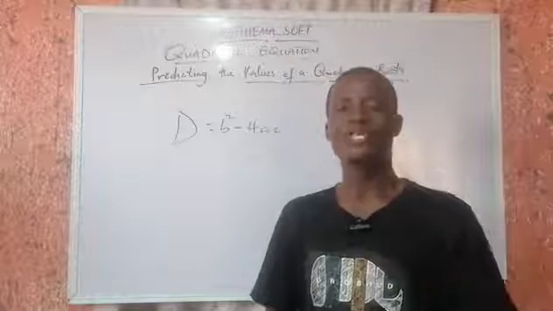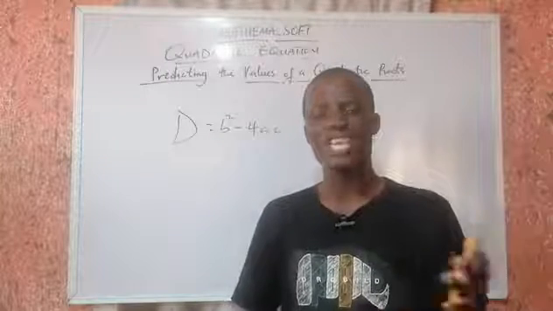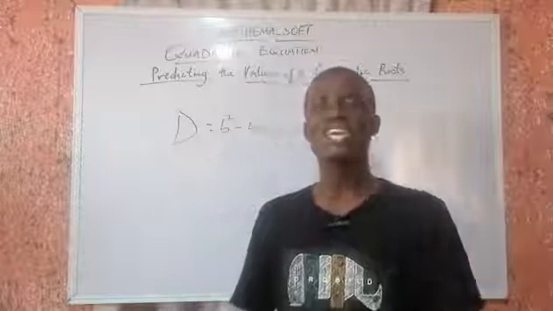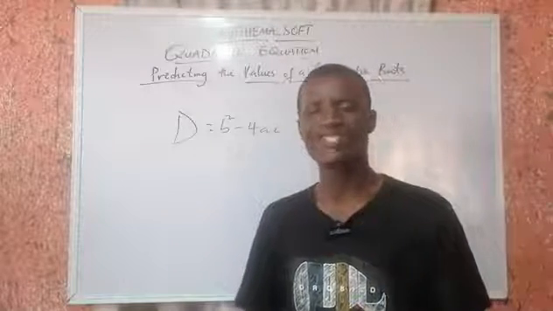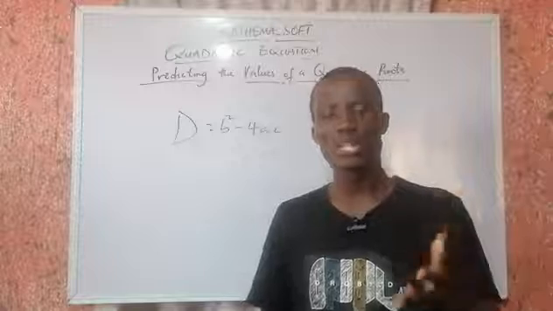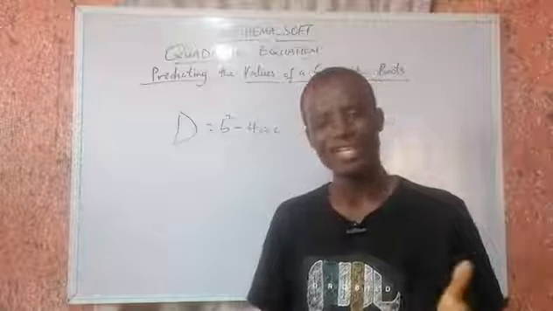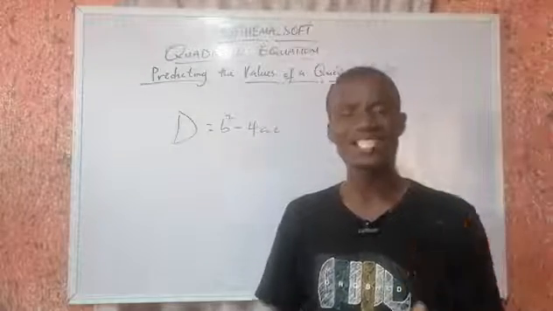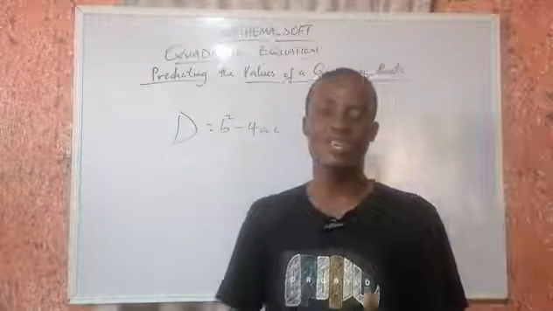If they will be real and equal in the case of D equals 0, real and unequal in the case of D greater than 0, real, unequal, and rational in the case of D greater than 0 and a perfect square, real, unequal, and irrational in the case of D greater than 0 and not a perfect square, and lastly, imaginary and unequal, existing as a conjugate pair, in the case of D less than 0.